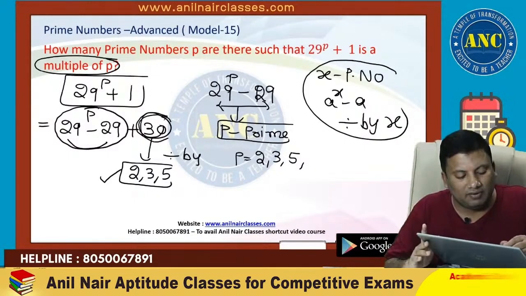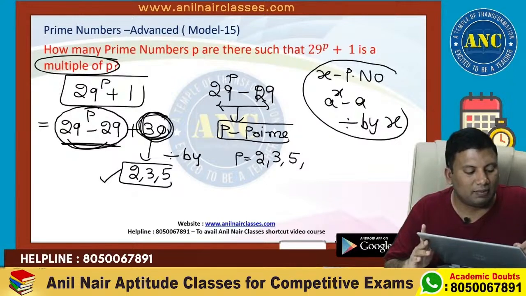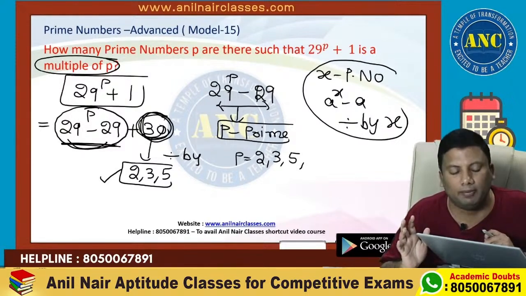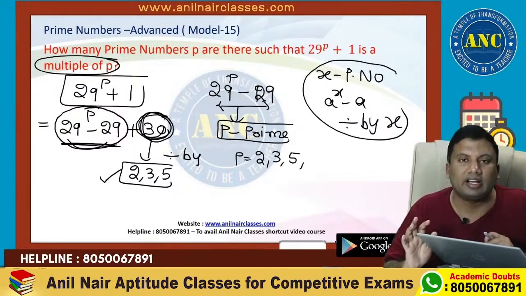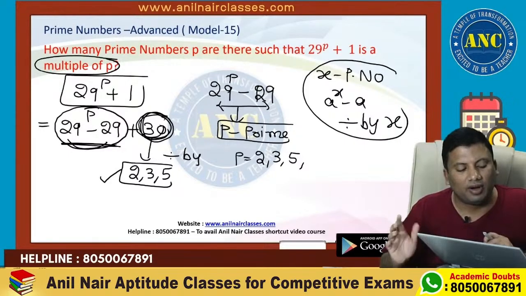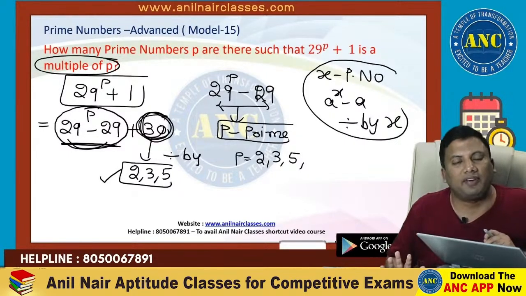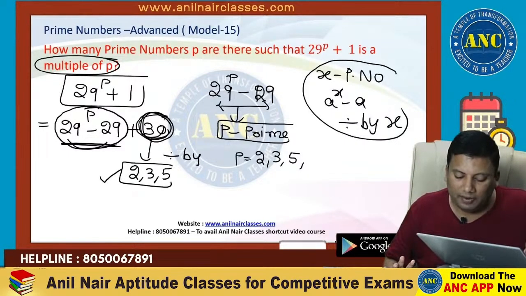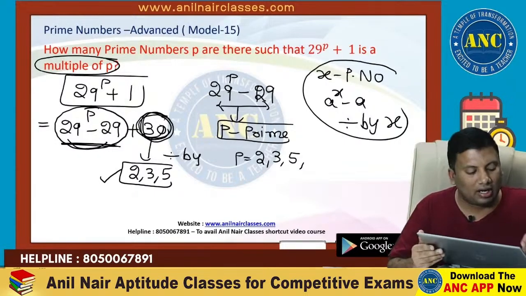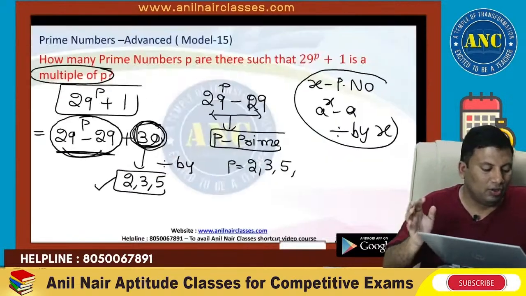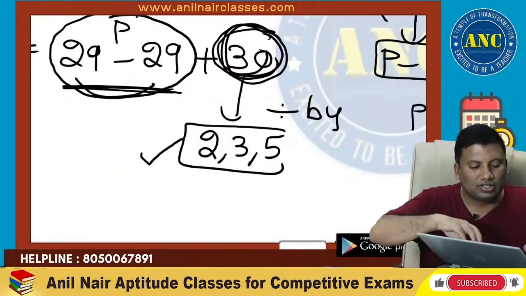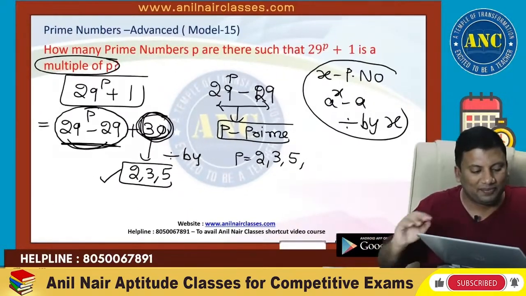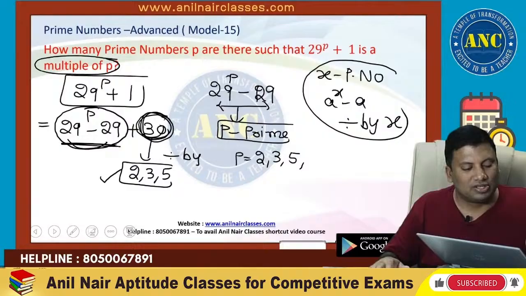This number is definitely divisible by 2, 3, 5, because of the concept: if x is a prime number, a power x minus a is divisible by x.